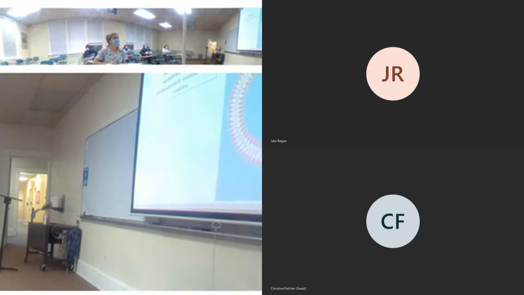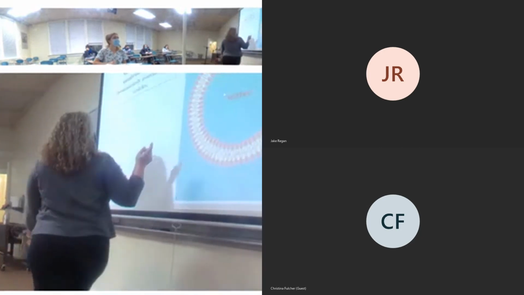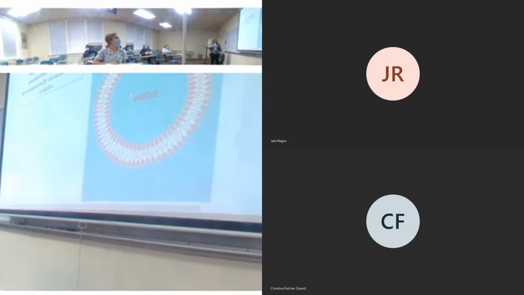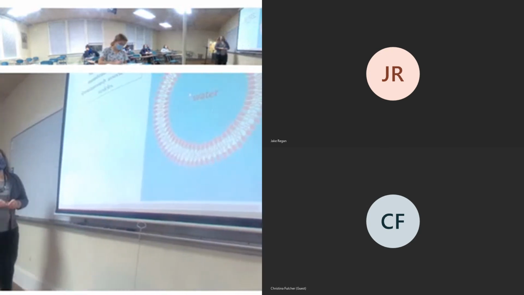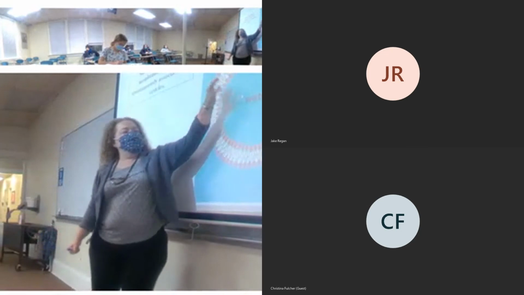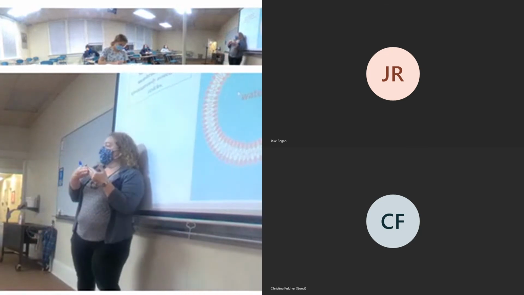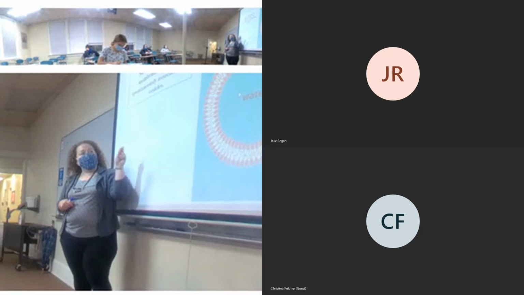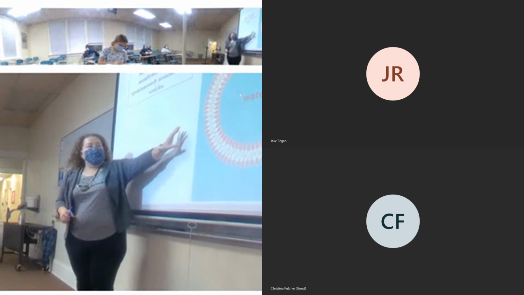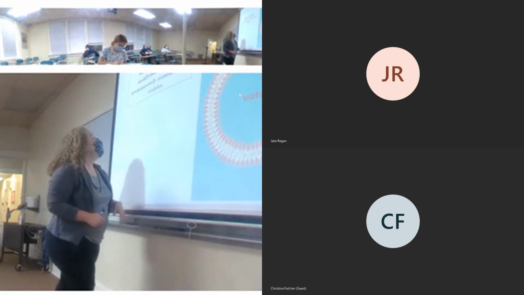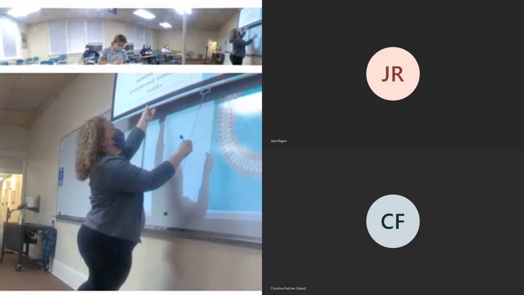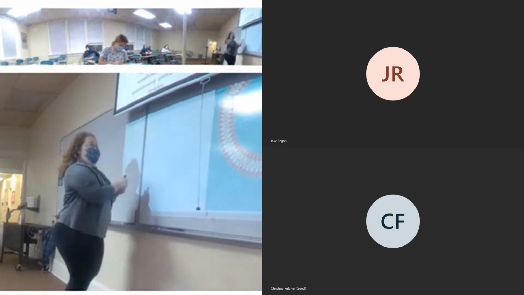So something really cool about phospholipids is if you put a few of them into any aqueous solution, they will spontaneously form tail to tail, heads sticking out. They will spontaneously arrange that way, and they will form micelles or vesicles, which are like this.